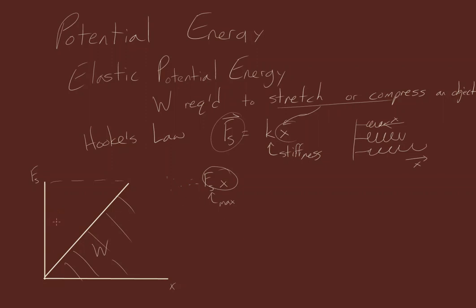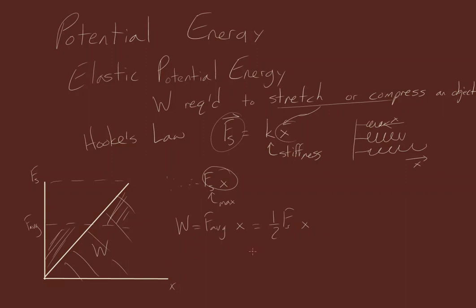So if we want an area that represents the actual work, we would take the average force we've been applying, because this area here would equal that area there. So the average force, in order for that to occur, would have to be half of the maximum force.